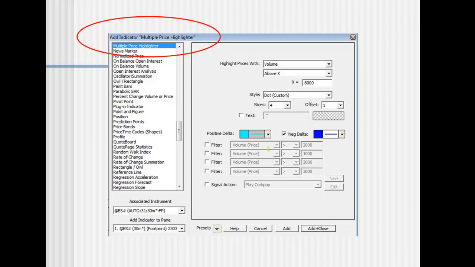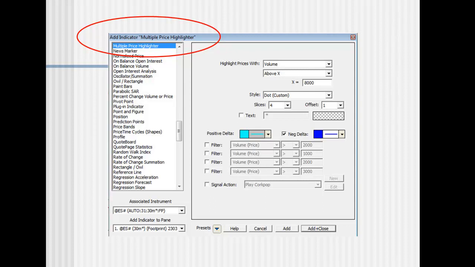It looks at each price level and calculates, is this amount equal to, less than, or greater than? And you can identify any volume parameter you want. It could be greater than, less than, equal to. It's all up to you with the filter. It's very precise, but it doesn't do any kind of back period testing or any kind of comparison.